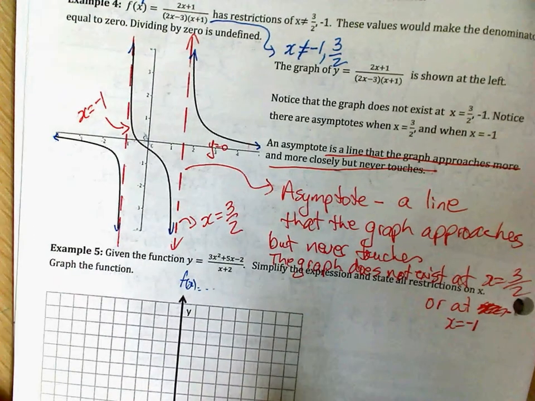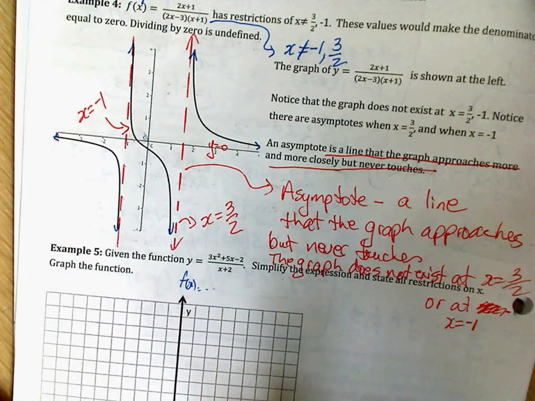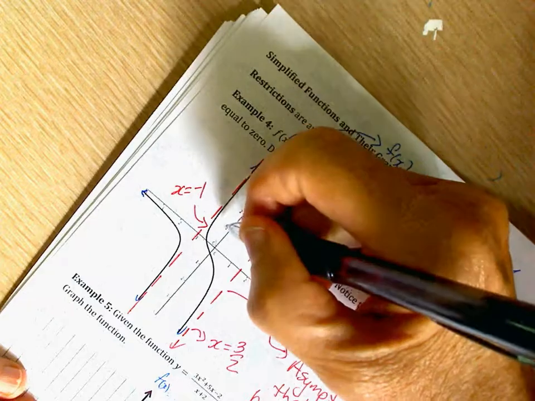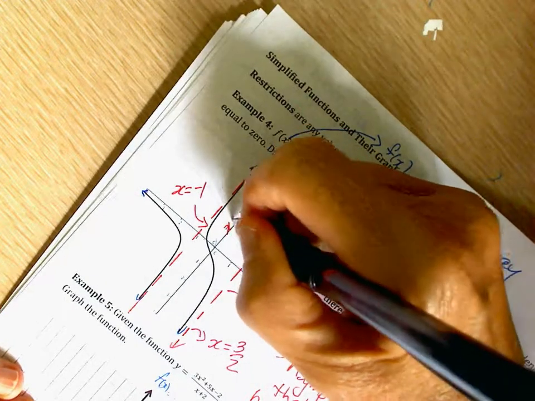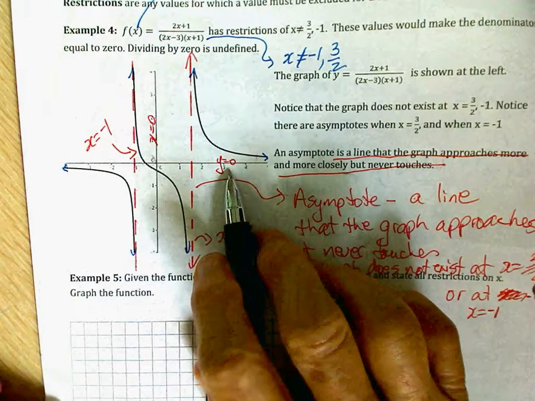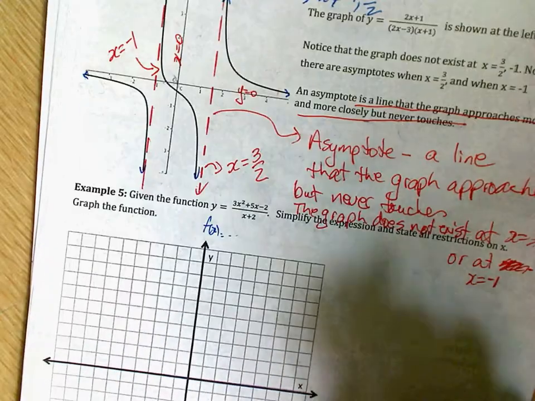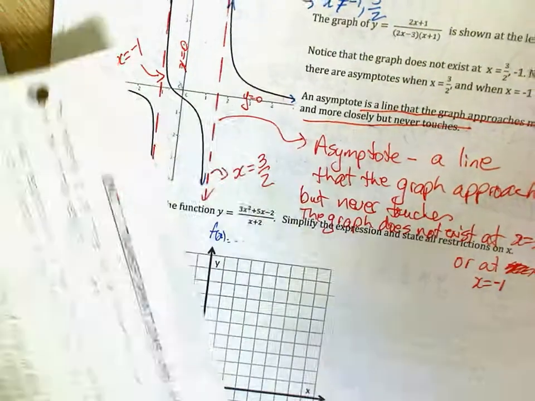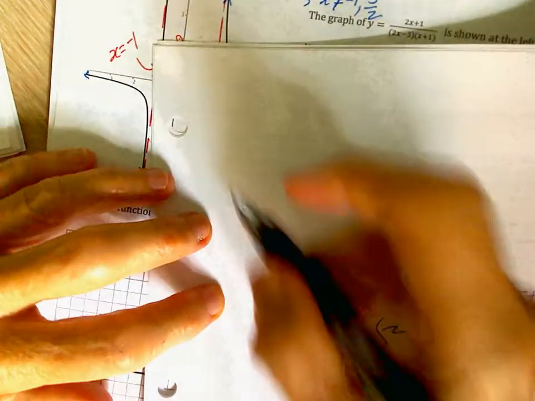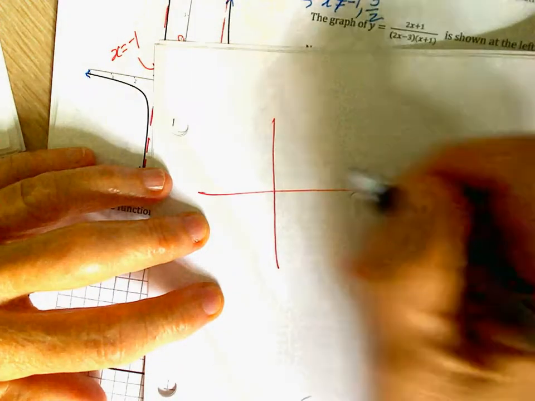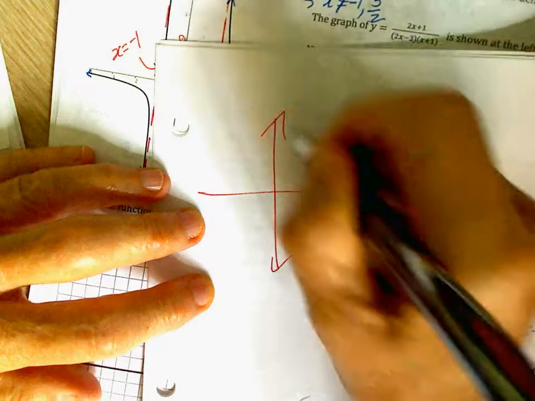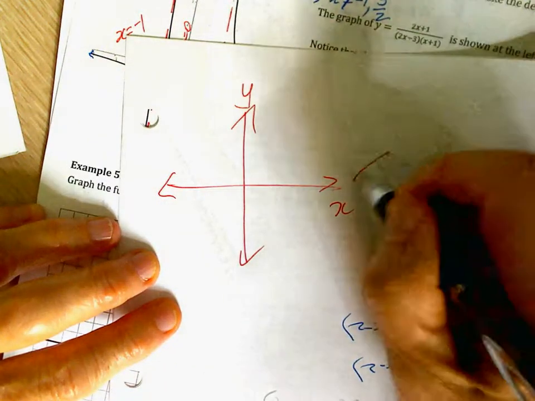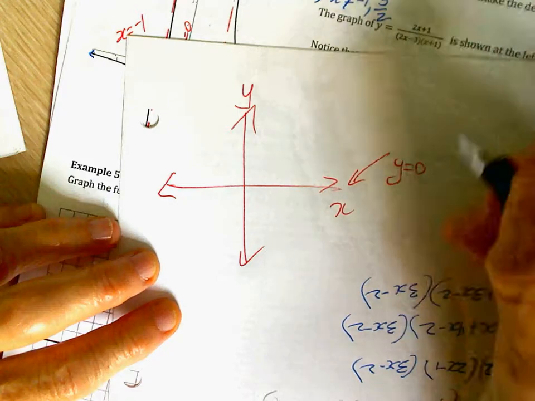Yeah, but the equation of the y-axis is x equals 0, not y equals 0. Here, hold on a sec. If I have a graph like this, the equation of the x-axis is y equals 0.